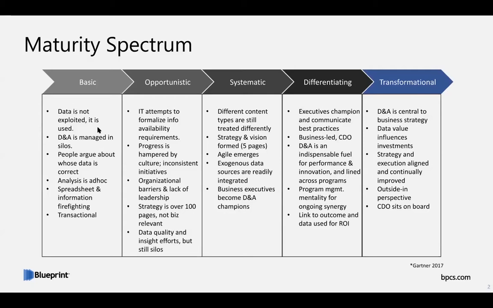So supply chain management, some amount of sales forecasting, all of those kinds of what we would call basic to opportunistic types of initiatives and maturity overall, to starting to put sensors on all of their equipment that goes out into the field.